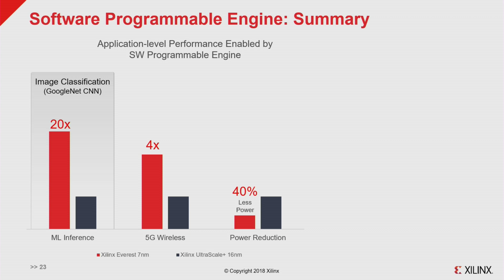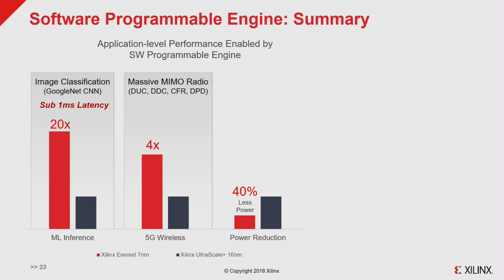This is public information, you can find that. And this is the performance that we are anticipating for the Everest architecture. So there is going to be an order of magnitude increase in application-level performance. In addition, you're going to achieve sub-millisecond latencies. Sub-1 millisecond latency, so we're talking hundreds of microseconds of latency for this type of compute.